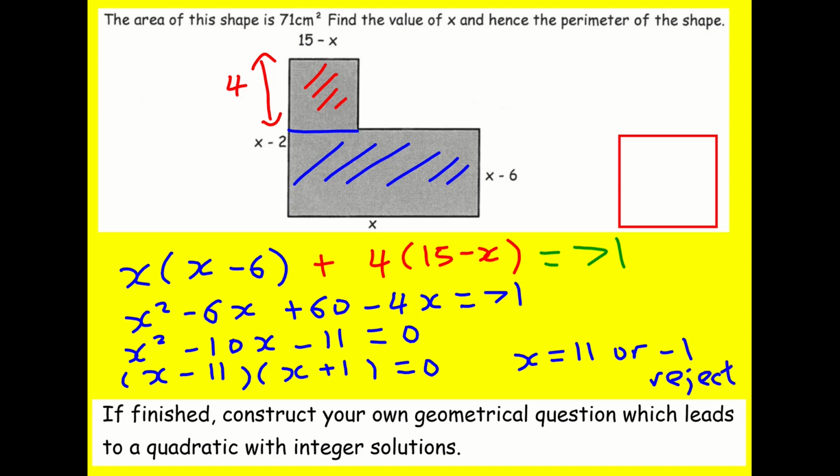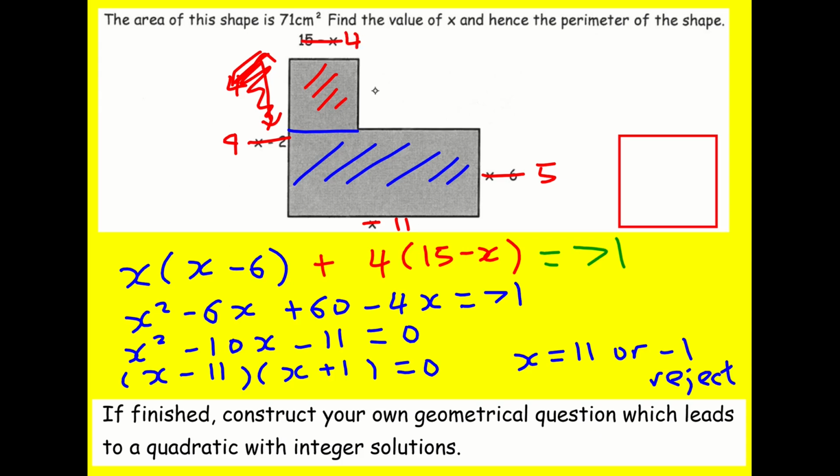We're not done because we want the perimeter, so we need to figure these bits out. I can get rid of that 4. I just need to replace some of these. This is going to become 5. This is going to be 11. This is going to be 9. This is going to be 4.